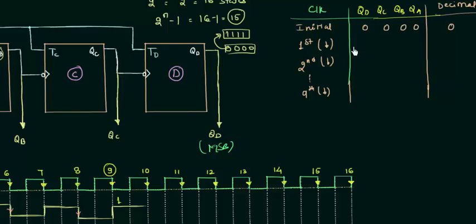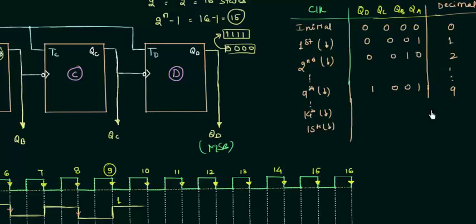So let me write it down. For first I was having 0 0 0 1, for second 0 0 1 0, and for 9th 1 0 0 1. Let's try to find out the equivalent values in decimal. This is 1, this is 2, and this is 9. In the same way, if we calculate for the 14th falling edge and the 15th falling edge, let's see what we got.